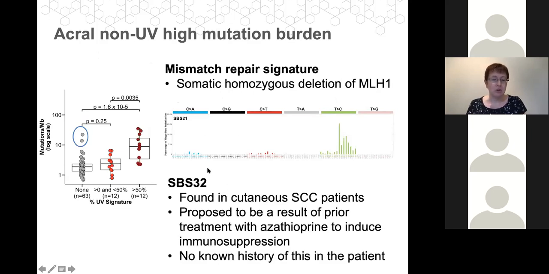The other tumour has a rarer signature called SBS32, and it's been found in cutaneous squamous cell carcinomas, which also have a high mutation burden. And this has been proposed to be a result of prior treatment with azathioprine, which induces immunosuppression. However, there was no known history of this in this particular patient.